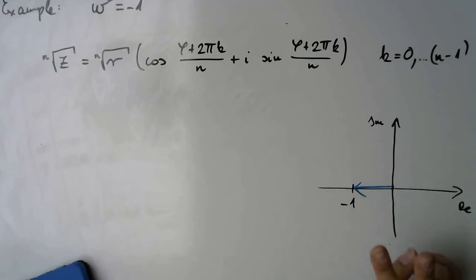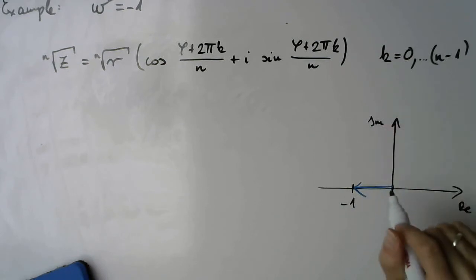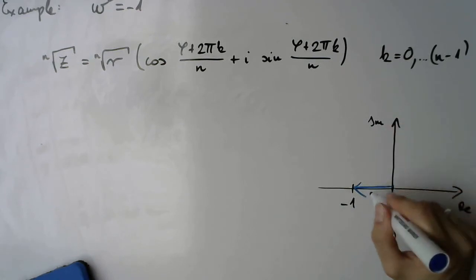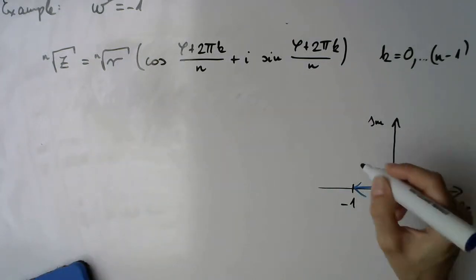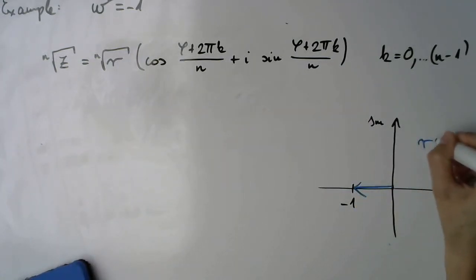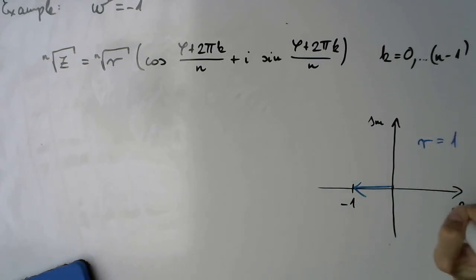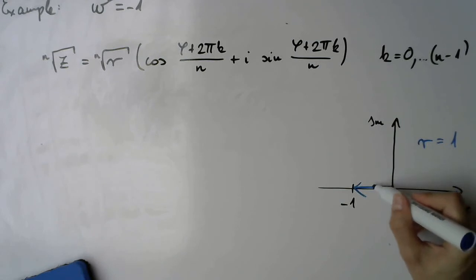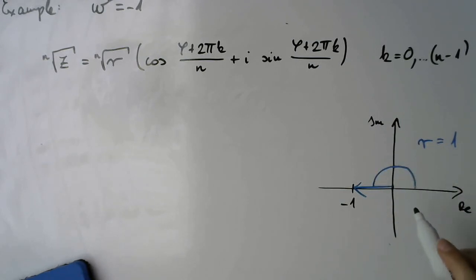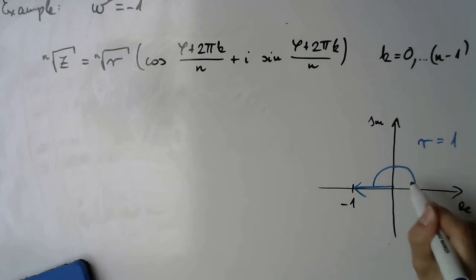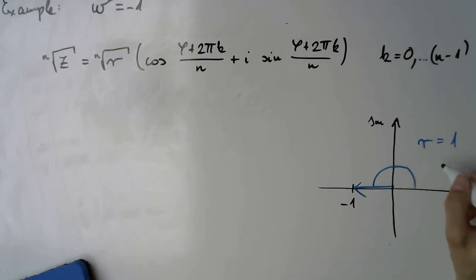I need two pieces of data. The first is the magnitude of this vector, or the absolute value of -1. I know that this is 1. And I also need the argument, which is the angle between the vector and the positive half of the horizontal axis. This is 180 degrees, or in radians it's pi.